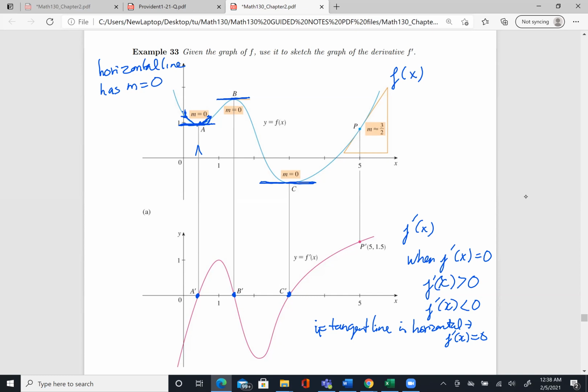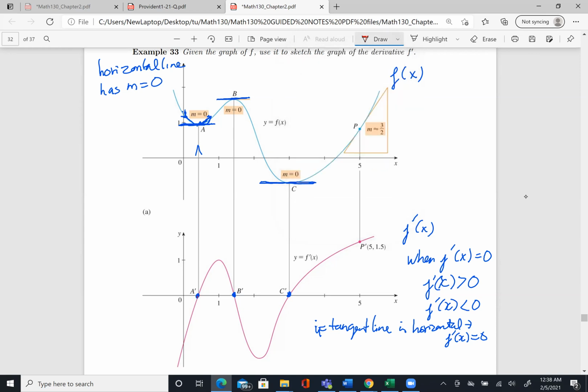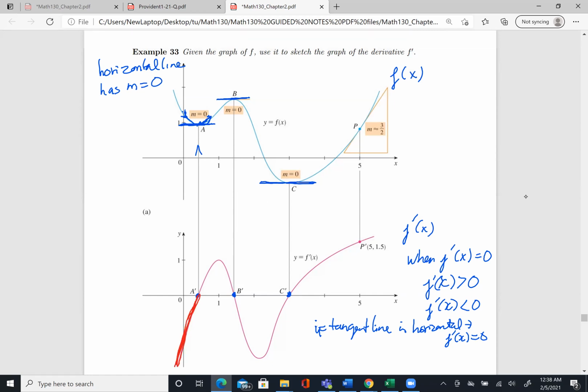Now what about, let me use another color, what about when f derivative of x is less than 0? So let's see over here. Just take a look at the part where f derivative of x is less than 0, see that? Only this part, from negative infinity to a, and to a prime.